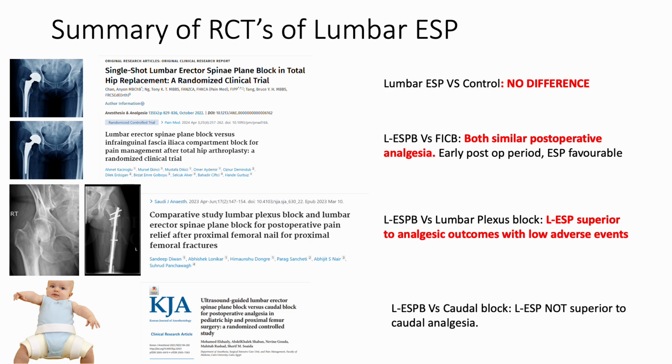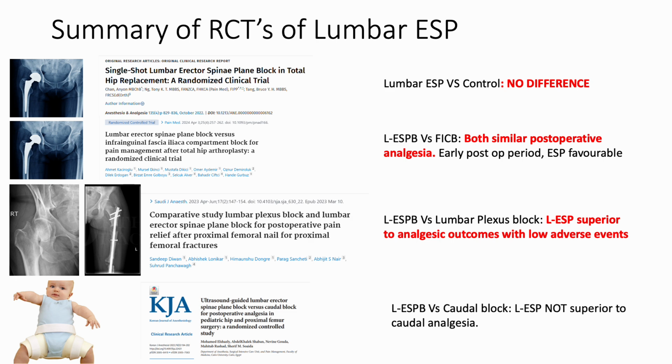In the third trial by Divan et al., where lumbar plexus block and lumbar erector spinae block were compared for postoperative pain relief after proximal hip fractures and femoral nailing, this study showed that lumbar ESP block was superior in analgesic outcomes with a low incidence of adverse events compared to a lumbar plexus block.